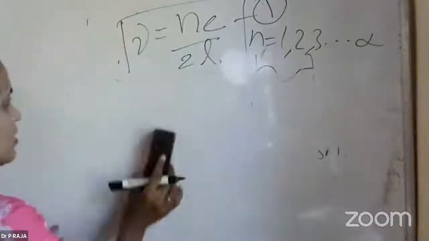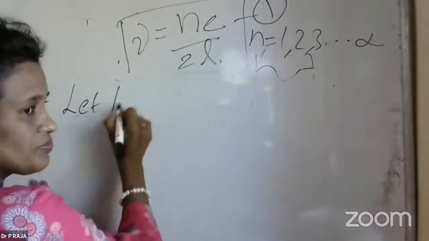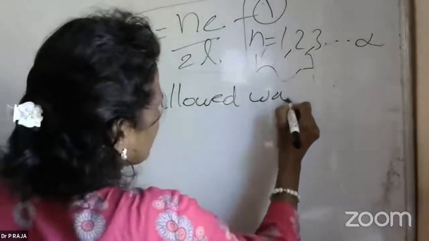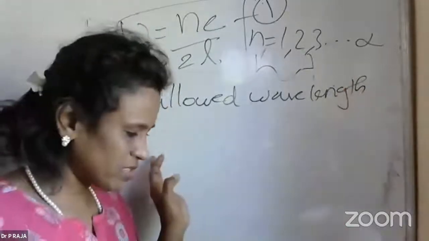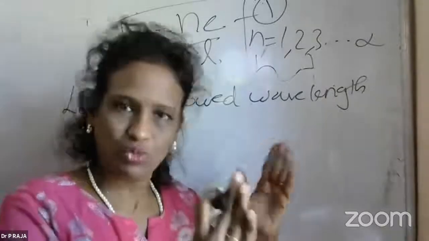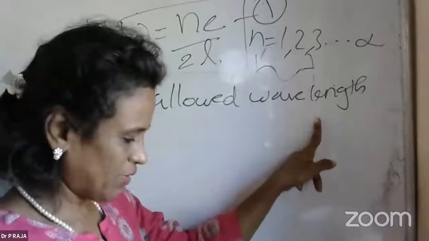Okay, and then let's go ahead with this equation. Let the allowed wavelength, for those waves which have the nodal position on both the sides, those are called the allowed waves with a particular wavelength.